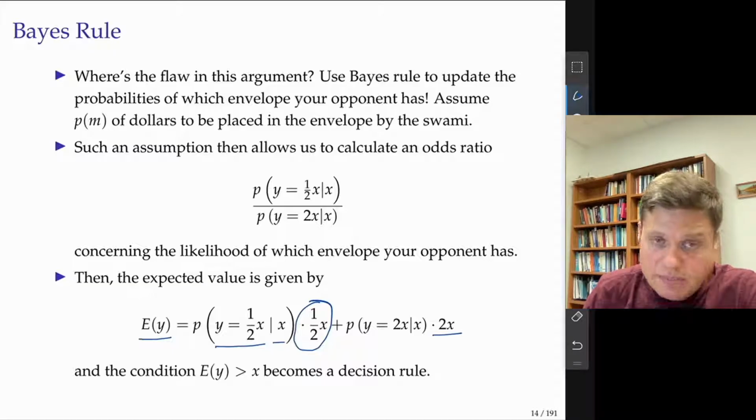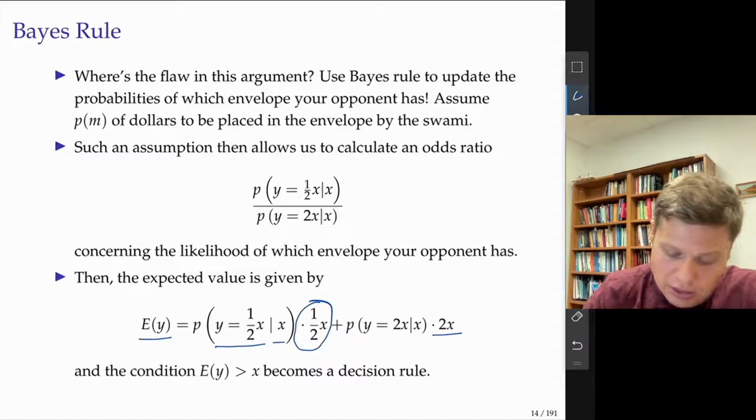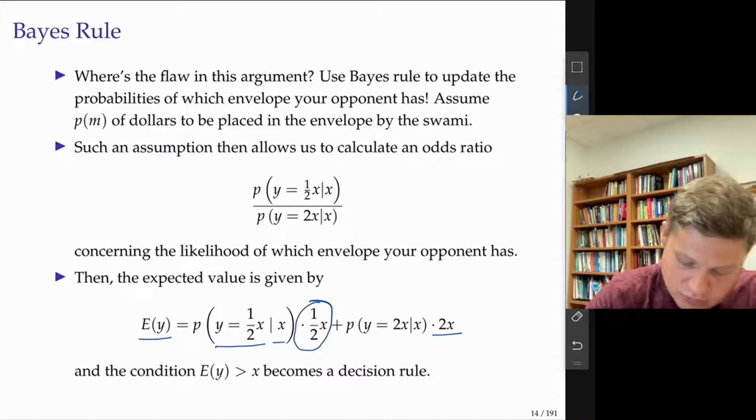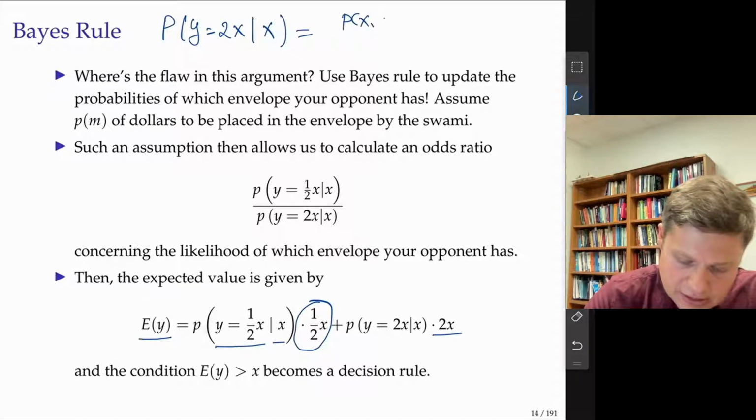And we can use the Bayes rule to calculate this value. So what we want to calculate is p of Y given, for example, 2X given X, and it's just going to be a joint probability p of X and Y divided by the marginal p of Y.